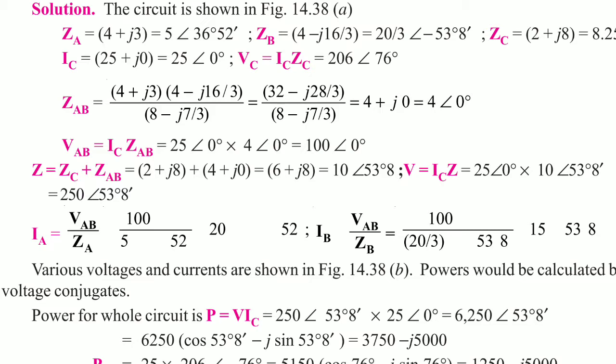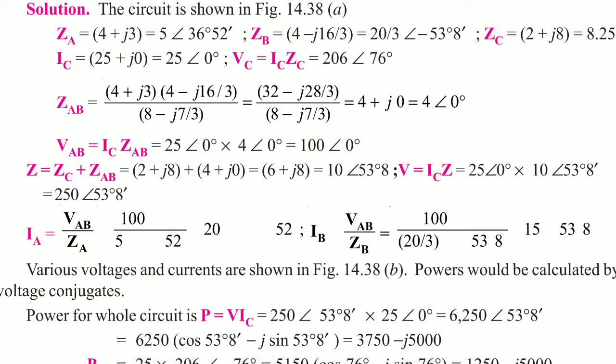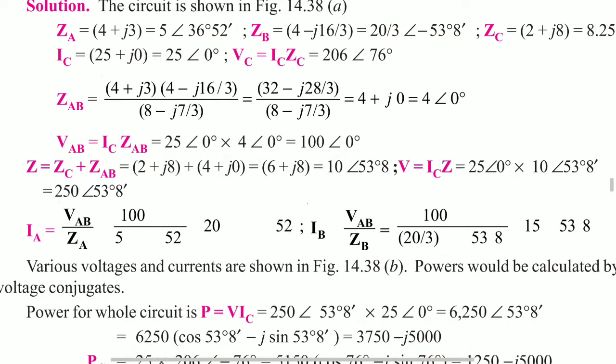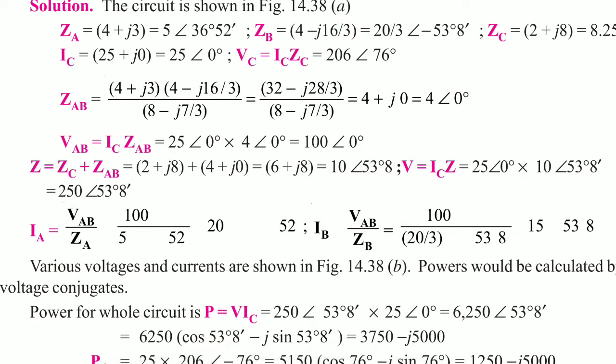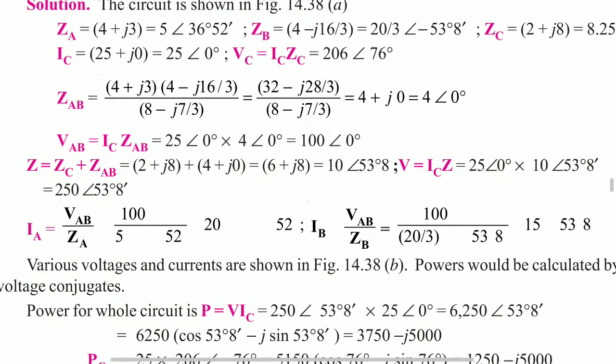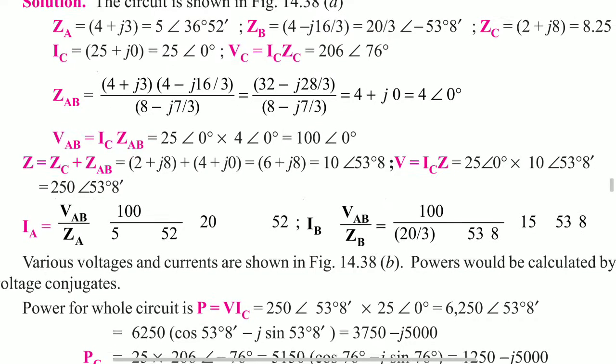So make the correction, angle of minus 53 degrees 8 minutes. That gives 15 angle of 53 degrees 8 minutes. IB is equal to 15 angle of 53 degrees 8 minutes.